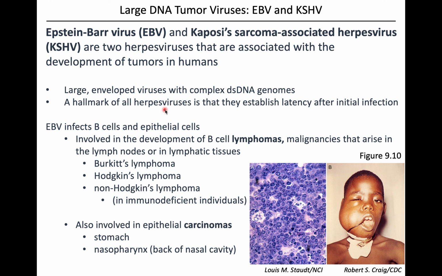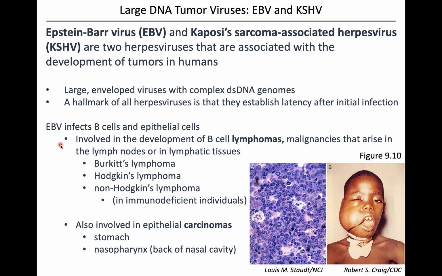Once they've established their infection, they can go into what's called latency, where they go through extended hibernation periods in the cell, hiding from the immune system, and then they can come roaring back temporarily, and then go back and hide out again for a while. So let's talk about Epstein-Barr, EBV, first.